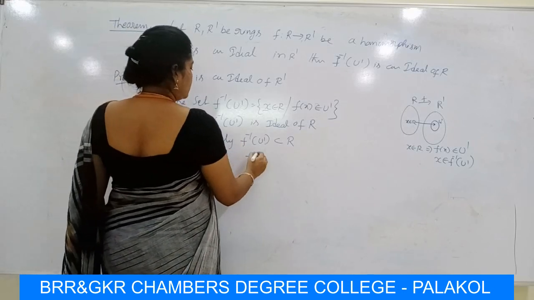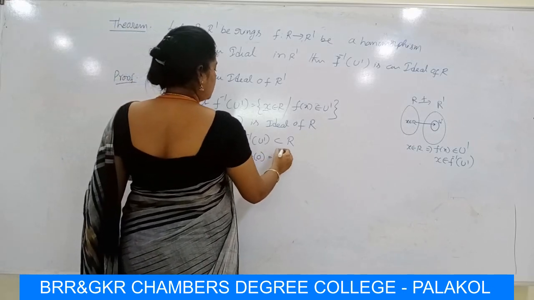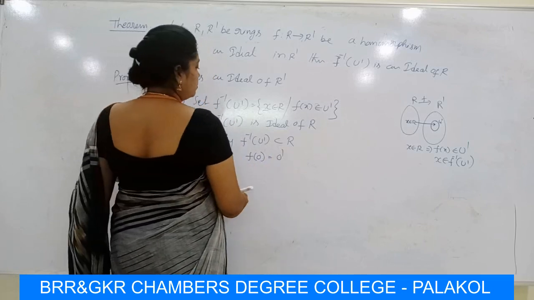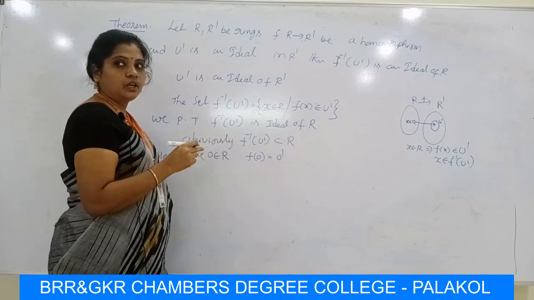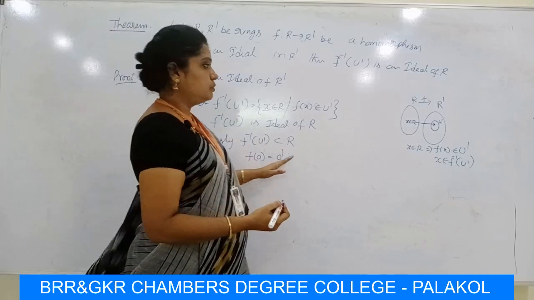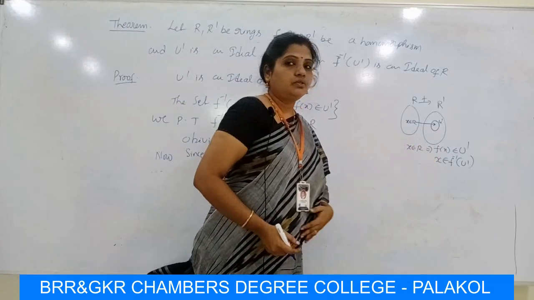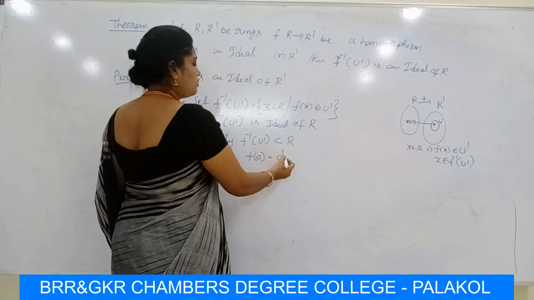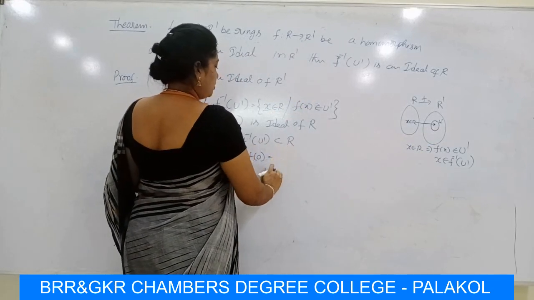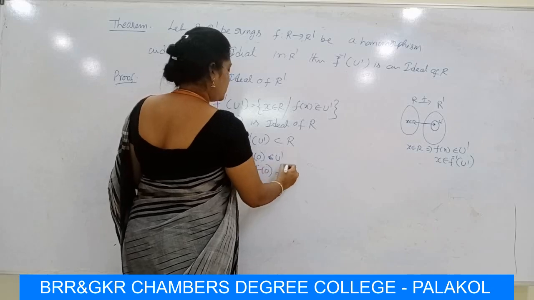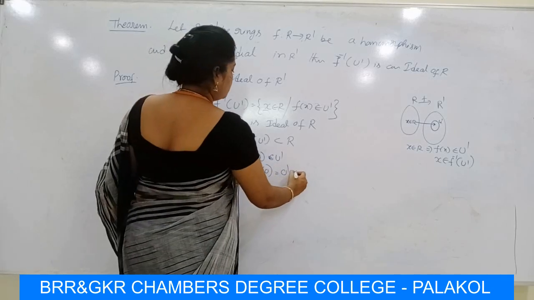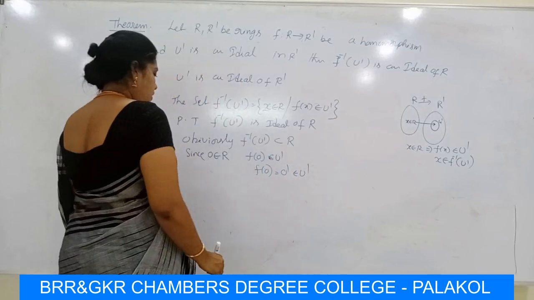So its image f of 0 is equal to 0 dash, and f of x belongs to U dash, so f of 0, which can be written as 0 dash, belongs to U dash.